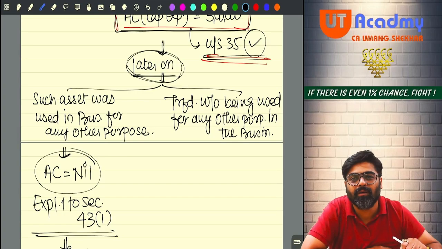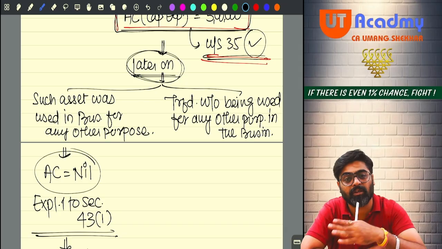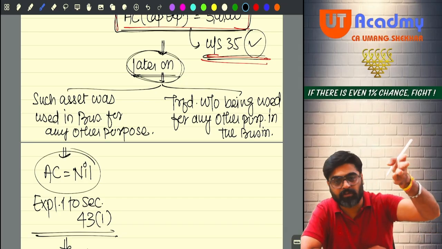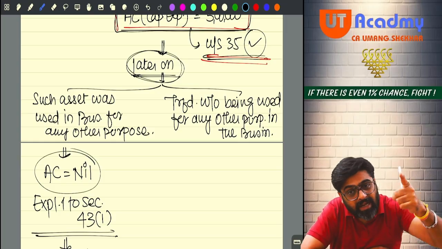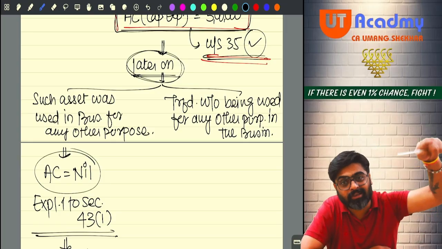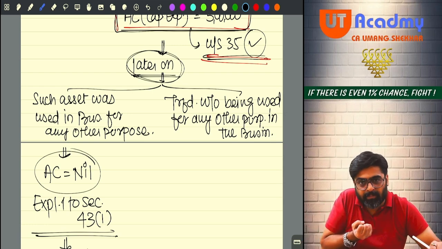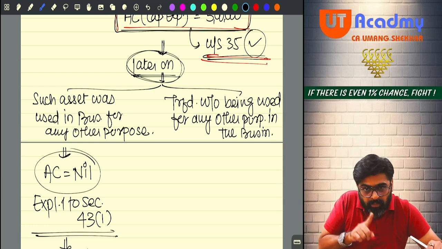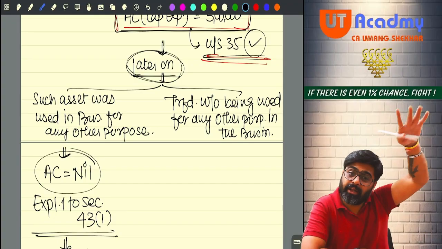Without being used for any other purpose in the business, from scientific research. You bought it for scientific research. Now you are selling it directly while using it in scientific research. Yes or no? Did you bring that asset for any other purpose to be used in your business? Did you make it part of your block? No. Sold independently.